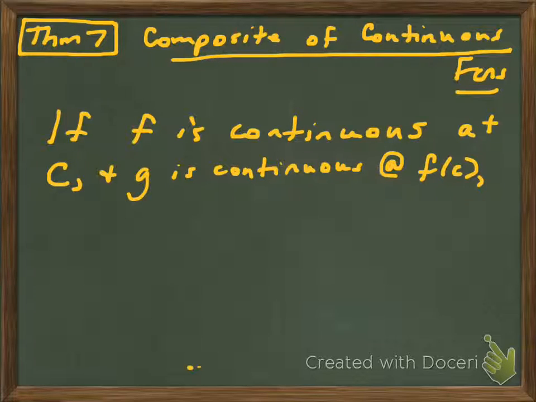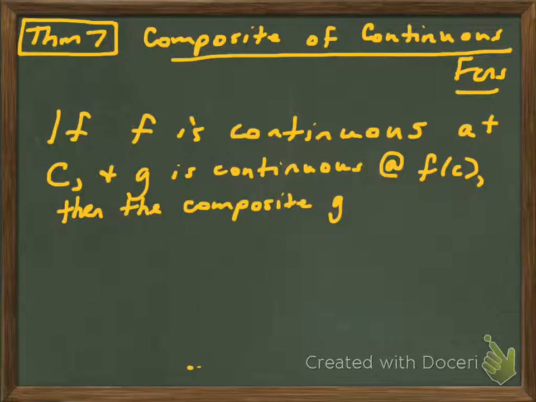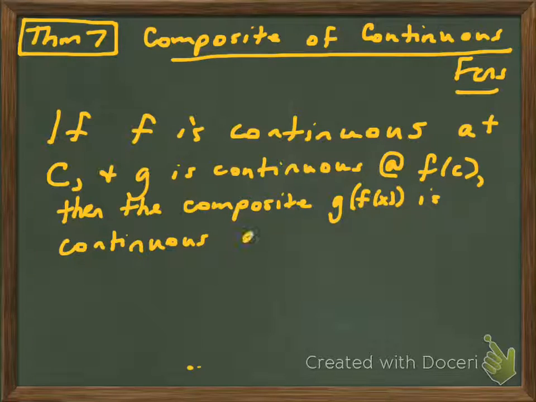Then the composite, now, in your book, they have the other notation, but I'm going to use the one that I prefer and that you told me last year you prefer. g of f of x is continuous at c.